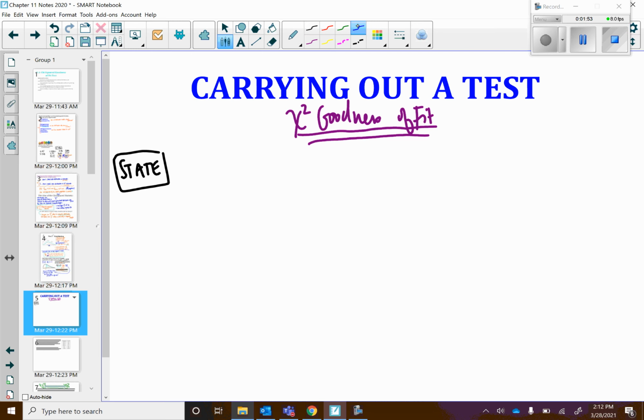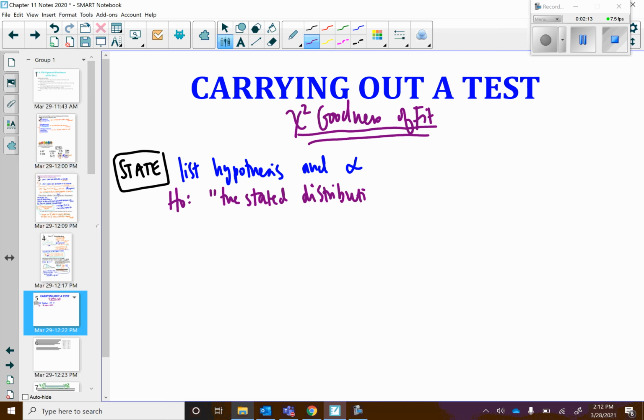So in our state, we're going to list our hypotheses and a significance level. Remember, our null is going to be something like the stated distribution is correct, and the alternate will be the stated distribution is incorrect.